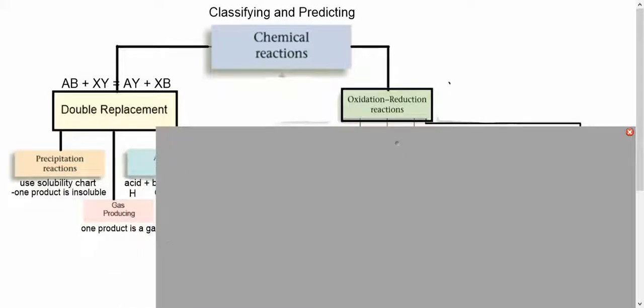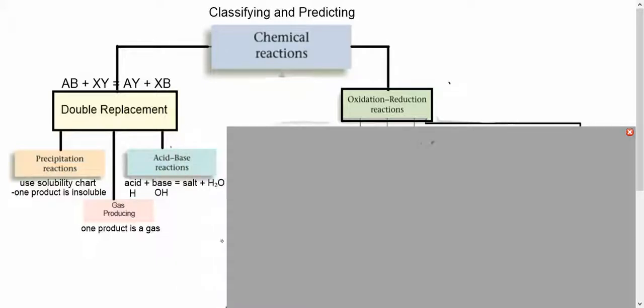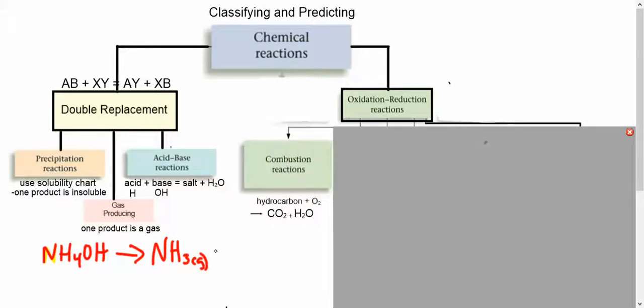We talked about the fact earlier that when one of your products is ammonium hydroxide, when you're predicting products of a double replacement reaction, it doesn't just stay as ammonium hydroxide, it further decomposes into ammonia gas and water.